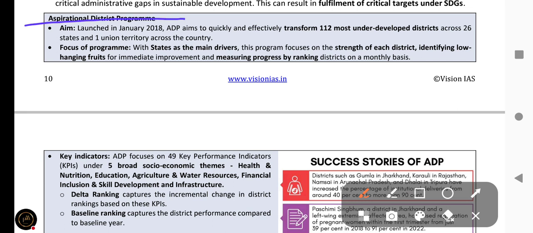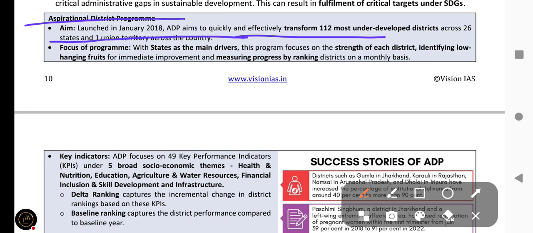What is the aim of this aspirational district program launched in January 2018? Aspirational district program aims at quickly and effectively transforming 112 most underdeveloped districts across 26 states and one union territory across the country.